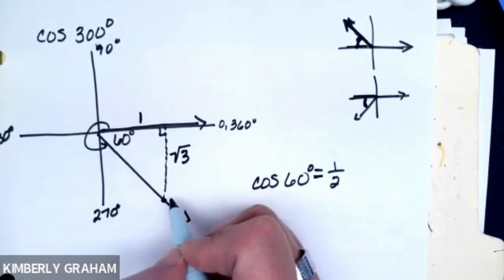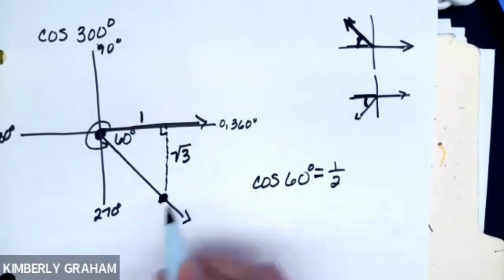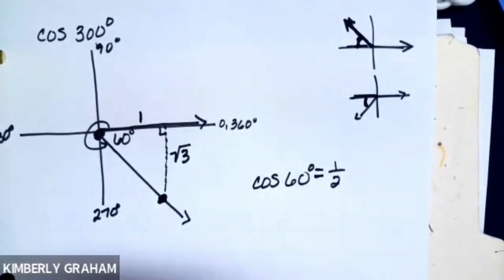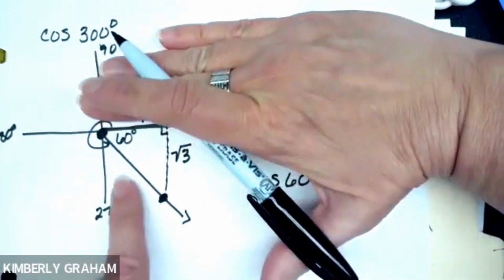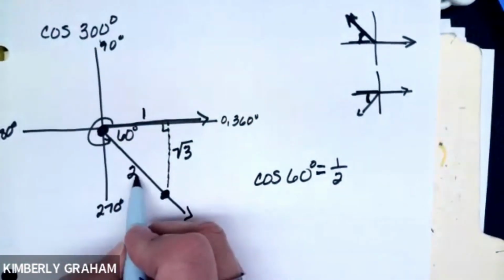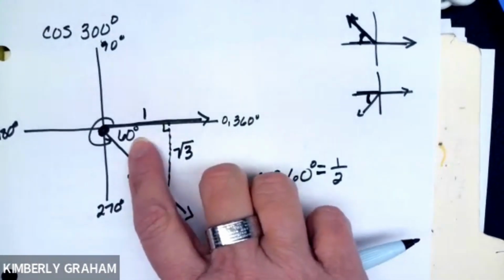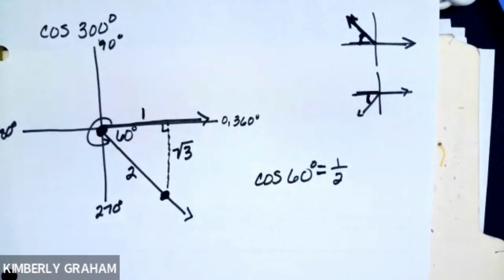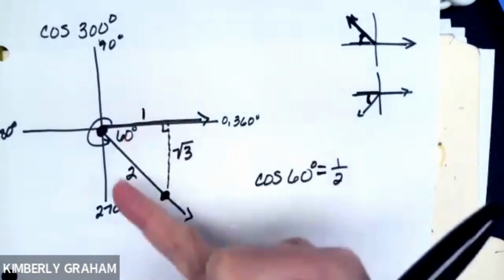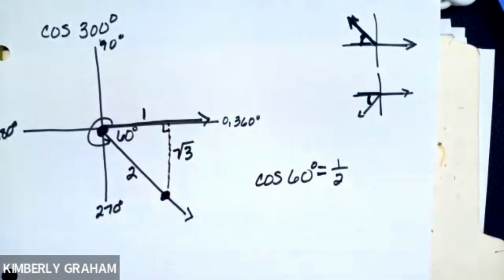And this distance from the origin to this point P, what we've been calling R, if I'm looking at this as a right triangle, that's the hypotenuse, that's going to be 2. If I look at this 60-degree angle, the cosine is adjacent over hypotenuse, it would be 1/2. Does that make sense?